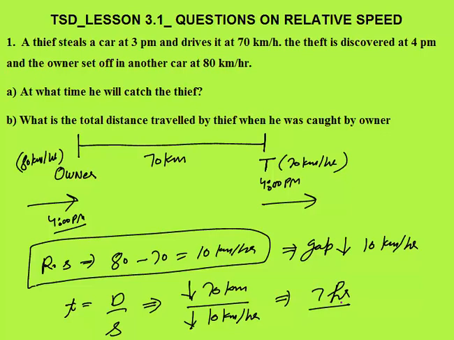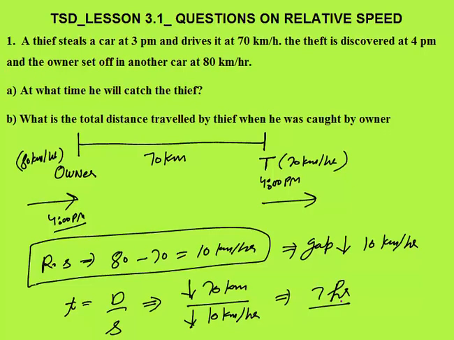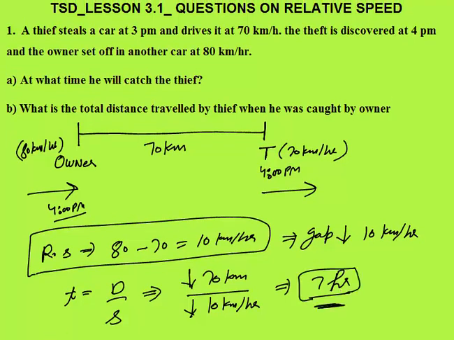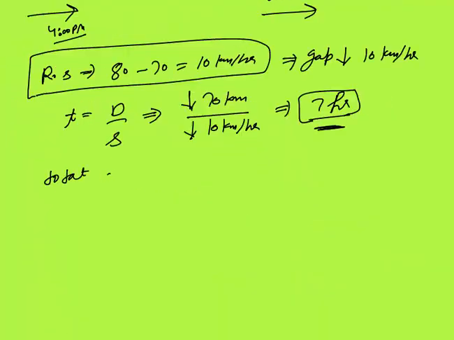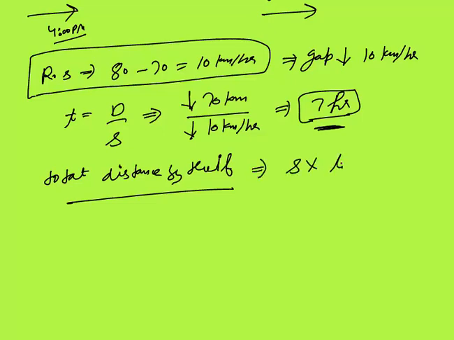The second question was, what is the total distance traveled by the thief when he was caught by the owner? So total distance by thief. Distance we know is speed into time. Thief's speed was 70 km per hour, and he traveled for 8 hours. Why 8 hours?